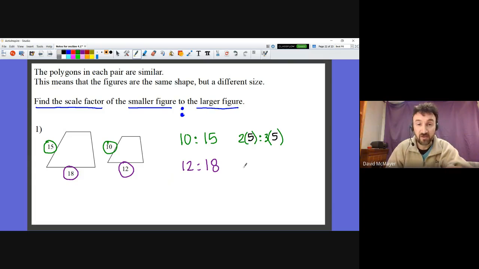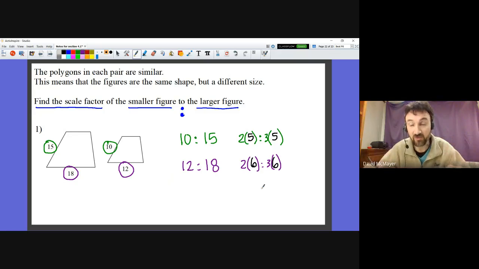Heck, while we're at it, 12 is the same as 2 times 6, and 18 is the same as 3 times 6. Both of those numbers are multiplied by 6. Let's be consistent. So a 2 multiplied by 6 and a 3 multiplied by 6.